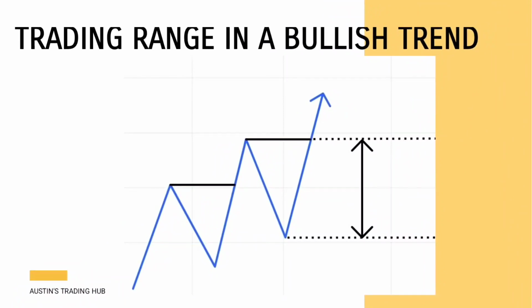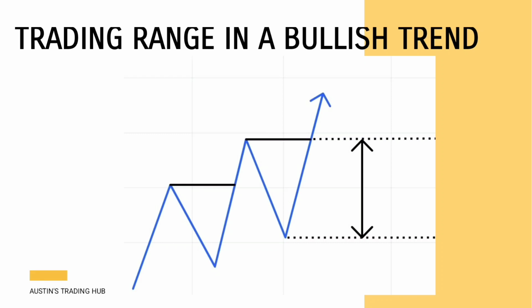Now we're going to be looking at trading range in terms of a bullish trend and a bearish trend. Remember, we said that in a bullish trend, first thing that market does is to form a high, then a low, then a higher high, a higher low, and then a higher high, and so on and so forth. Now, what is this trading range in a bullish trend?